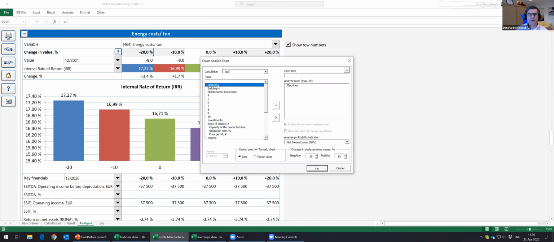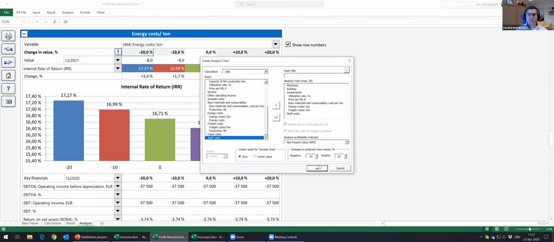I have investment in machines, in buildings, maintenance investment, all investments, utilization rate, price per megaton, raw material cost, energy cost, freight cost, staff cost, and call it tornado, plus minus 10, plus minus 10.